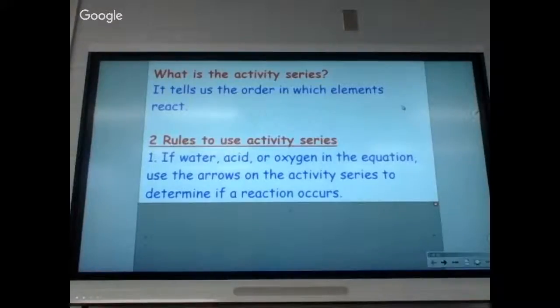So, we're going to read the activity series in 2 ways. All right? The first one has to do with a series of arrows.